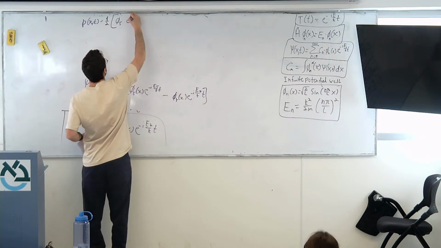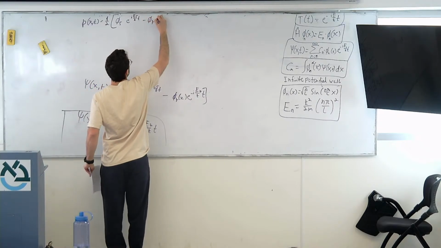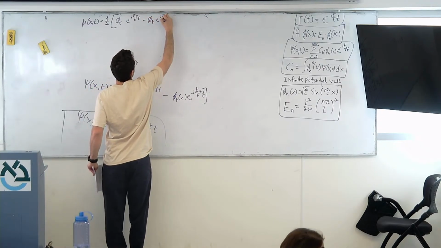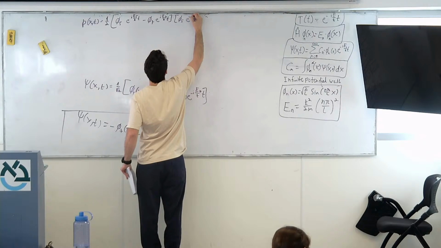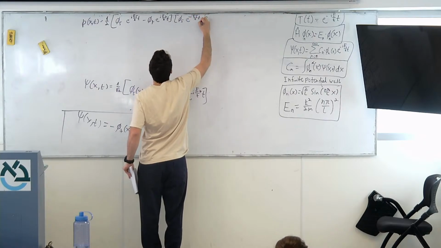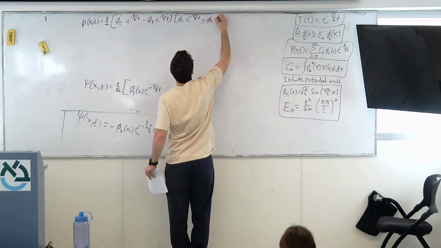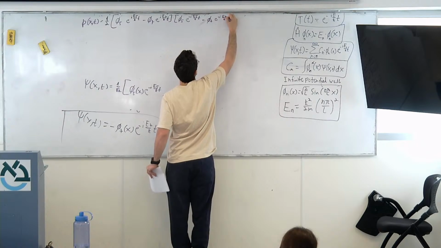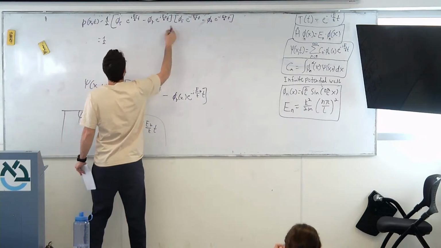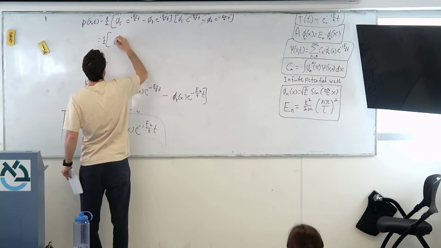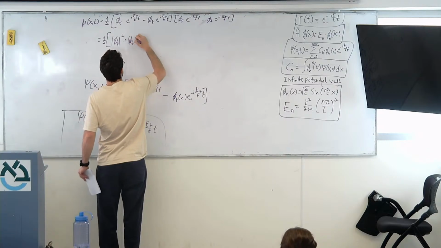So e to the plus i E5 over h bar t phi 5 minus phi 7 e to the i E7 over h bar t, times phi 5 e to the minus i E5 over h bar t minus phi 7 e to the minus i E7 over h bar t, is equal to 1/2. So the first multiplication will give us phi 5 absolute value squared. The last one will give us plus phi 7 absolute value squared.